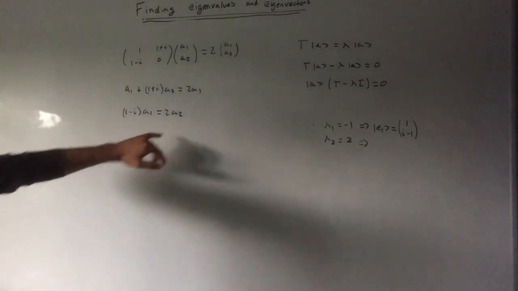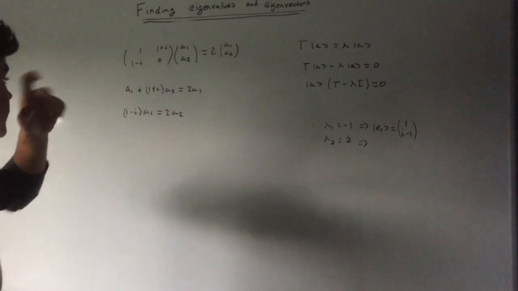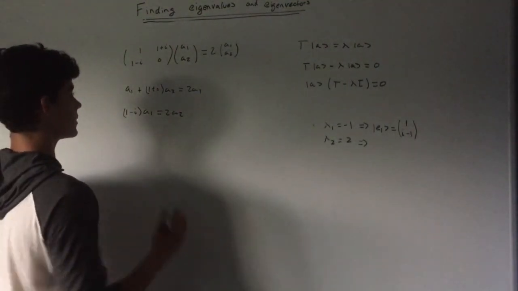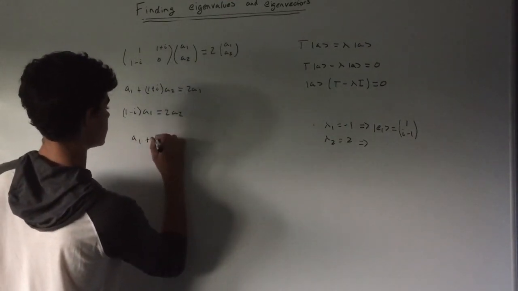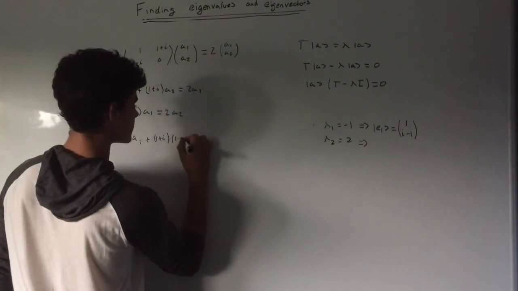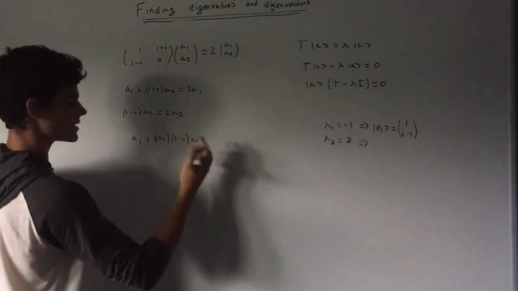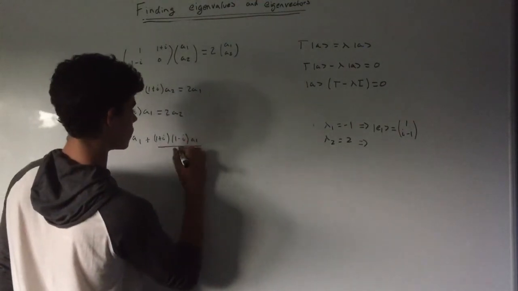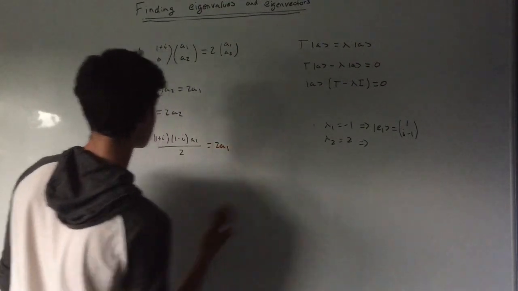We solve for A2 by dividing by 2 to the other side, and then we solve for A1 by plugging this in for A2. So we get A1 plus 1 plus i times 1 minus i times A1 all over 2 is equal to 2A1.